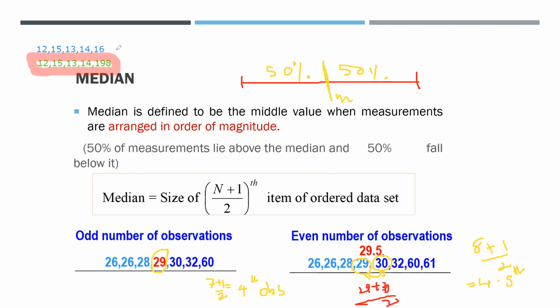Can you see whether 198 is a very large number compared with these four numbers? Then if you calculate the mean value for these numbers, that value will be greater than, let's say, can you calculate the mean value for these numbers?